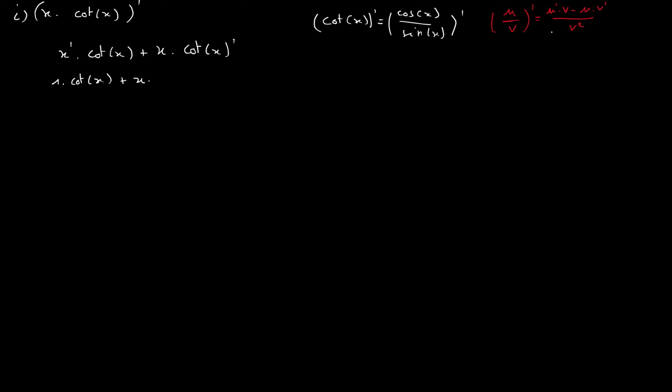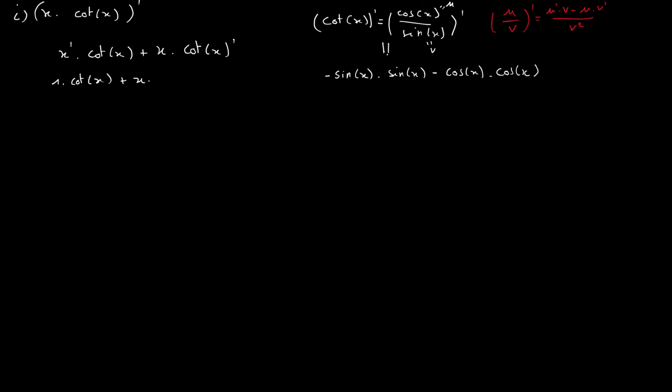So cosine is going to be u, sine is going to be v. We get the derivative of cosine first, which is minus sine of x, times v, which is just sine of x, then minus u, which is cosine of x, times the derivative of sine of x, which is again cosine of x.